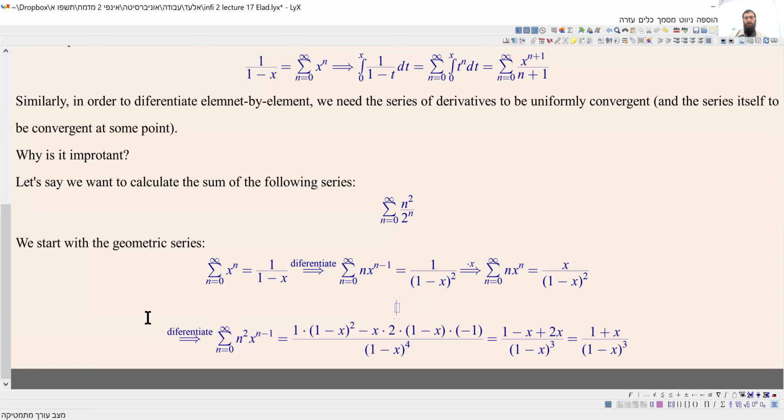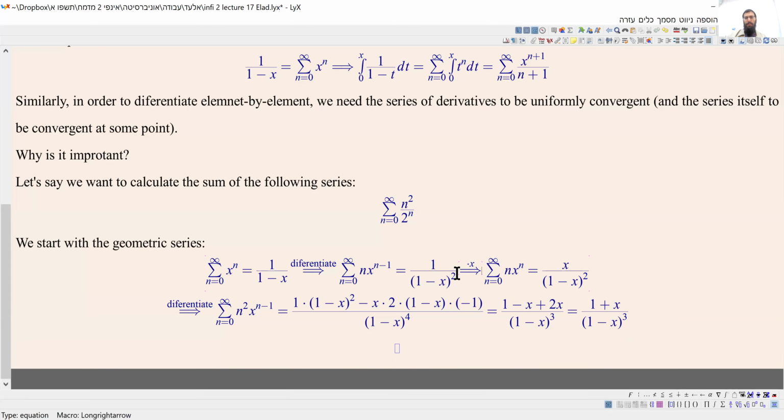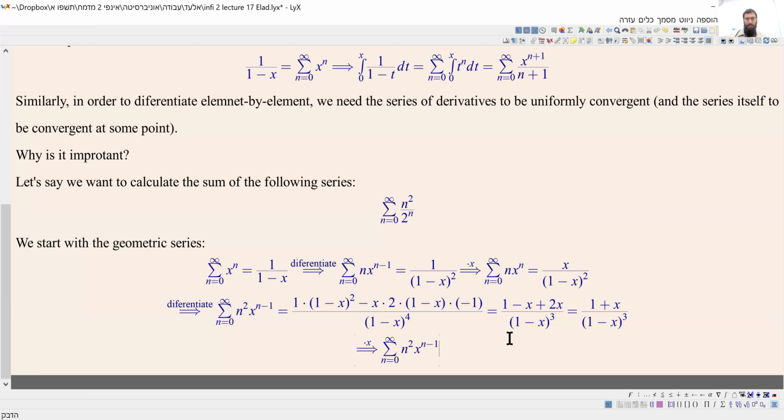And finally, we can again multiply each side of the equation by x to achieve, on one hand, x to the power of n here. Multiplying x to the power of n minus 1 by x, we get x to the power of n.